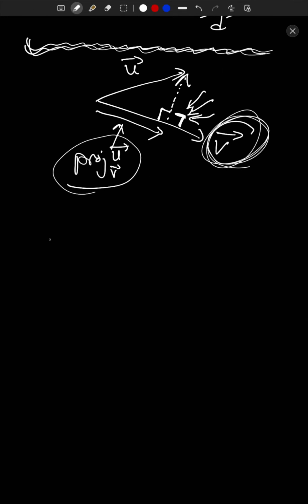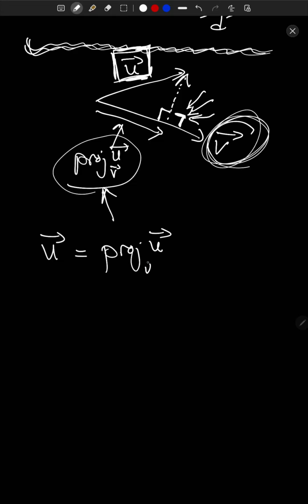Oftentimes what we do is we want to break down u in terms of a piece that's in the direction of v, and then another piece. So u is equal to the projection of u onto v. This guy is in the same direction as v, or the opposite direction.